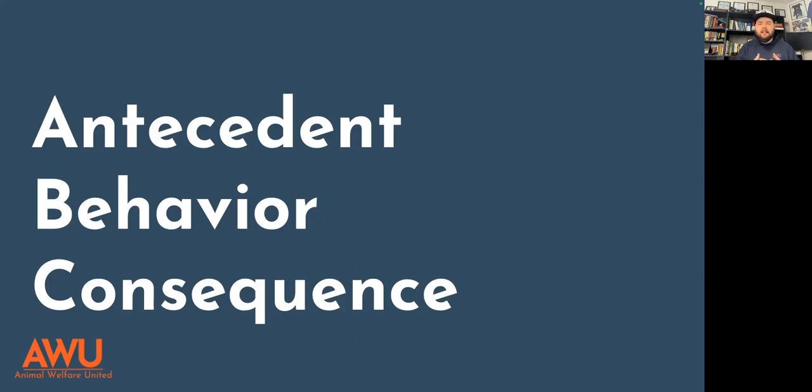The behavior is not what I thought the dog is thinking. The behavior is not how the dog was feeling. The behavior is what I can observe. And the consequence is what happened after. Remember, we talked about positive, negative, reinforcement, punishment. It's going to happen after, and it's going to determine whether or not that behavior is more likely or less likely to occur in the future.